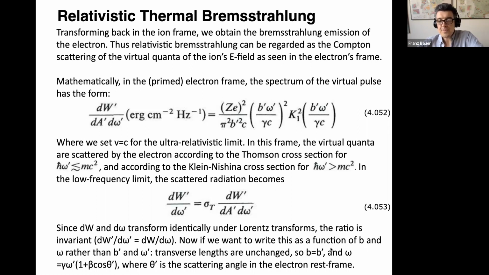And so B should remain unchanged, because this is a transverse length. Omega, however, will change as omega prime, or gamma times this angle here. And this angle is the scattering angle for the scatter in the electron rest frame.